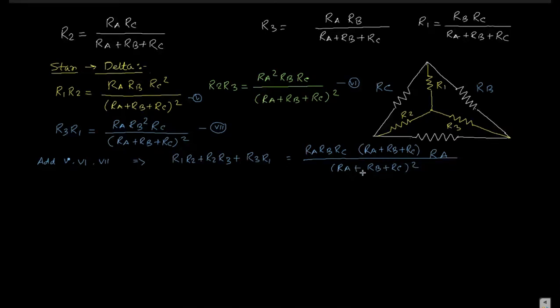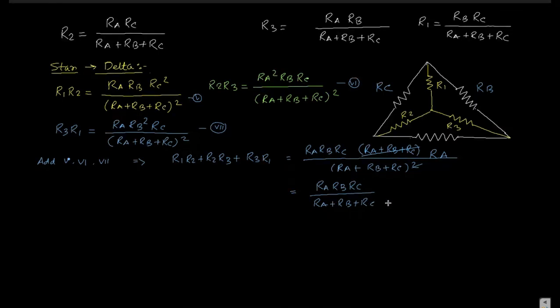Oh sorry, this RA is associated with this resistance. Okay, so here you can cancel this with this, so it becomes RA RB RC whole divided by RA plus RB plus RC.